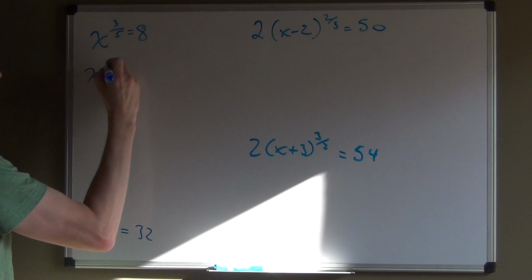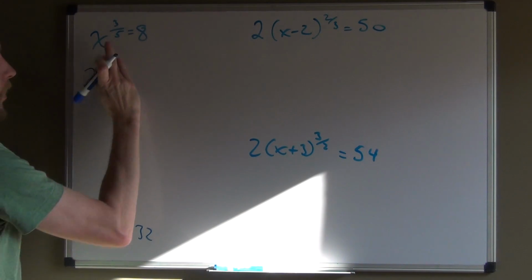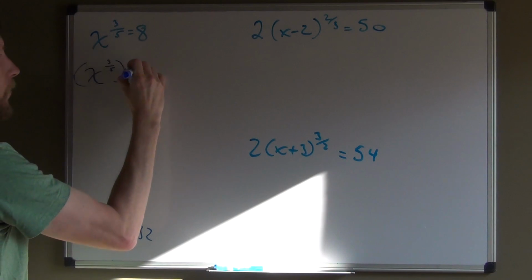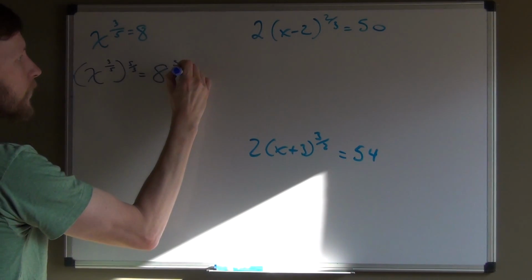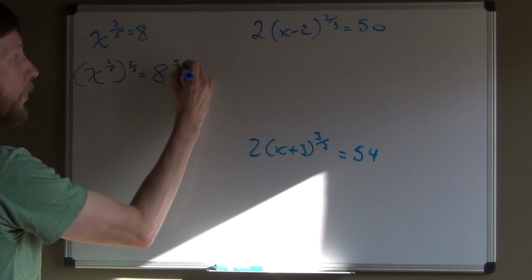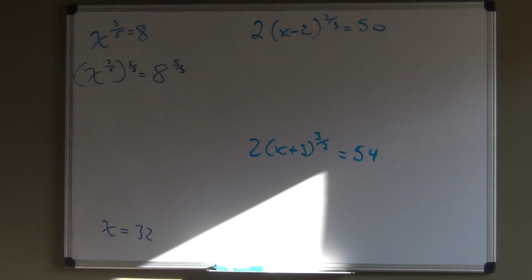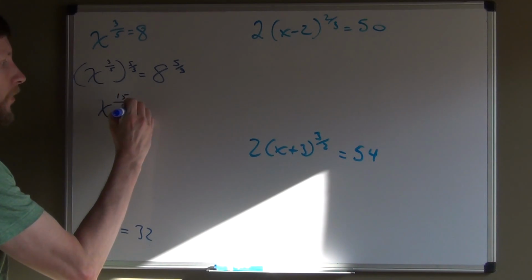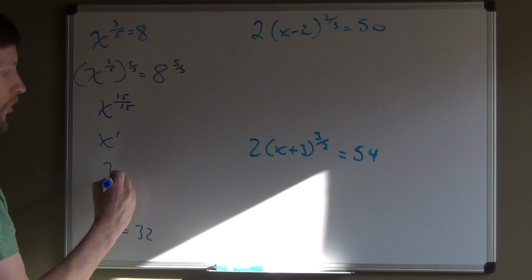If I take both sides to the 5/3 power, the reciprocal power, what that gives me is x to the first on this left-hand side. x to the 15 over 15 is going to be x to the 1, which is just equal to x.